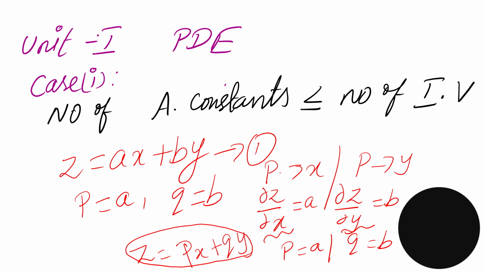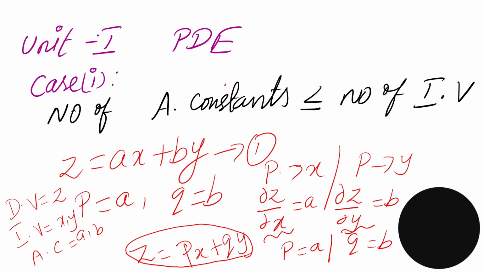In this first case, what is the dependent variable? The dependent variable is z. How many independent variables? x and y. What are the arbitrary constants? a and b. So two independent variables, and two arbitrary constants a and b.